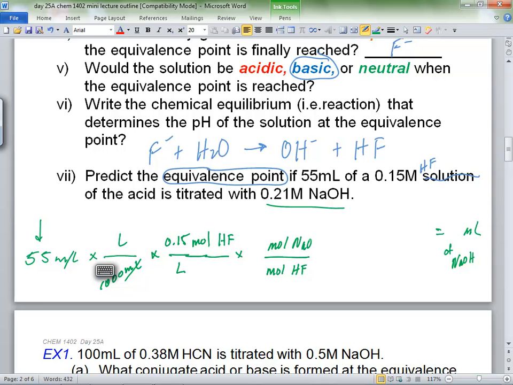The 0.15 right here, that is this. It's 0.15, because it's 0.15 moles of HF per liter. And that's written right on. All I did is I changed the big M to moles over liters. So stop me. Any other questions? Mari?